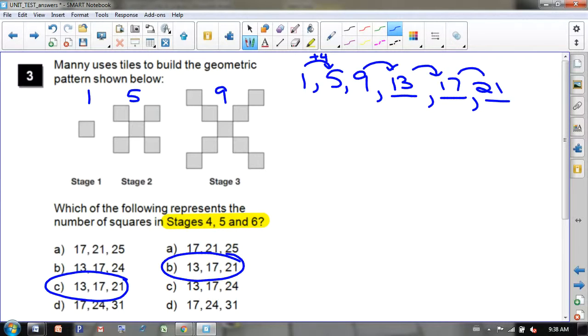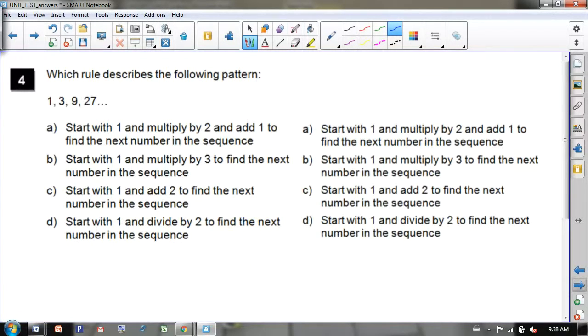For question 4, which rule describes this pattern? Well, it starts with 1, but we have to look to see what happens every time. From 1 to 3, it could be add 2, but from 3 to 9, that doesn't continue.